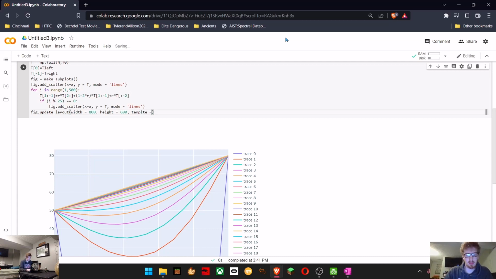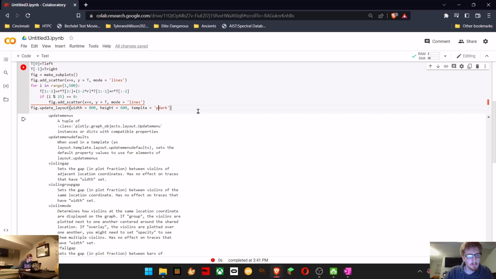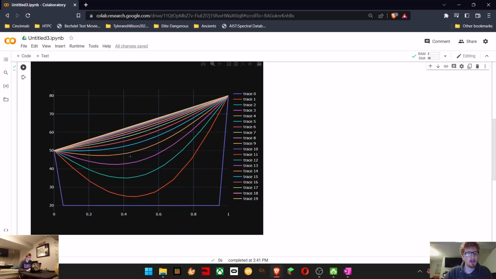Template equals plotly dark. There we go, much better.